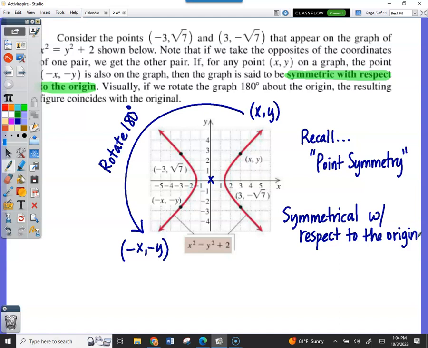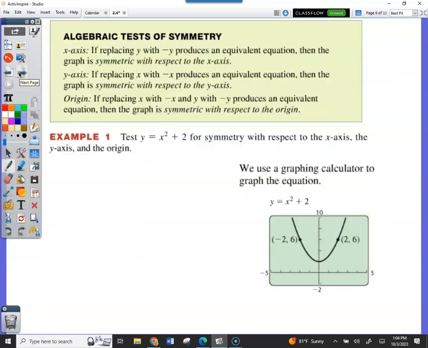Now I'm going to show you the algebra behind it. Because what's this class? College algebra. You have 3 types of symmetry. They're the ones we just talked about. You have the x-axis, the y-axis, or the origin. 3 types of symmetry.